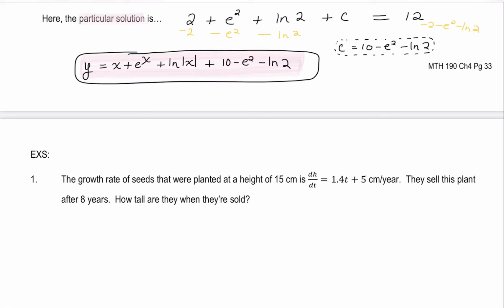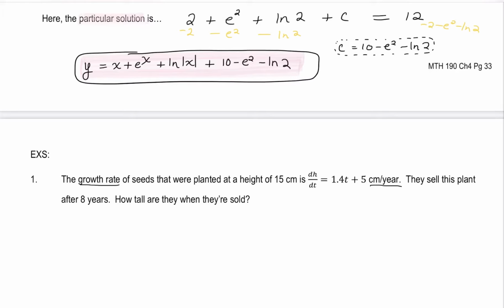Now, one thing I would just point out here: there are a lot of things that indicate, even if they hadn't labeled this as a derivative, just be aware here. They're telling you it is a growth rate. The label is centimeters per year.